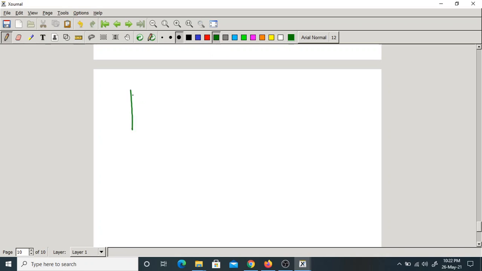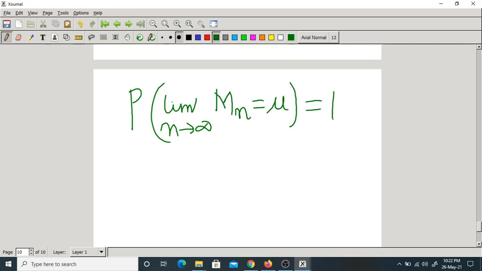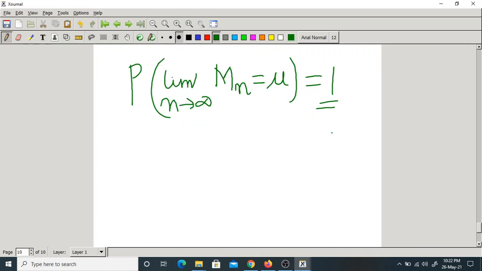So what is it? The probability that, limit n tends to infinity, Mn equals mu. So the probability that Mn equals mu is how much? 1. So this is the strong law of large numbers.